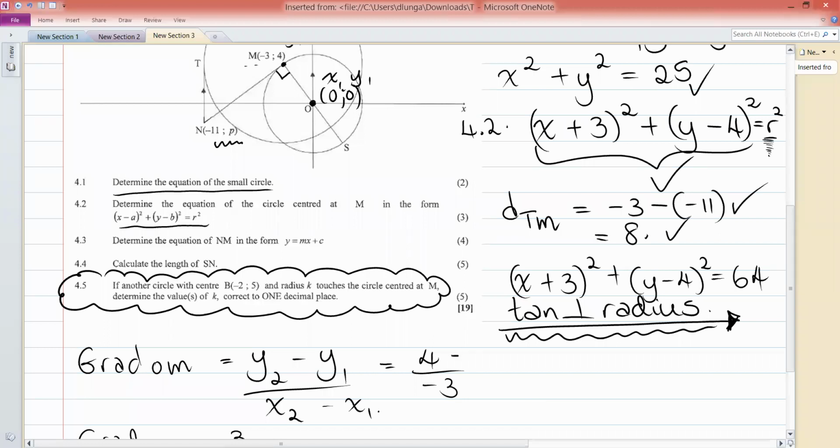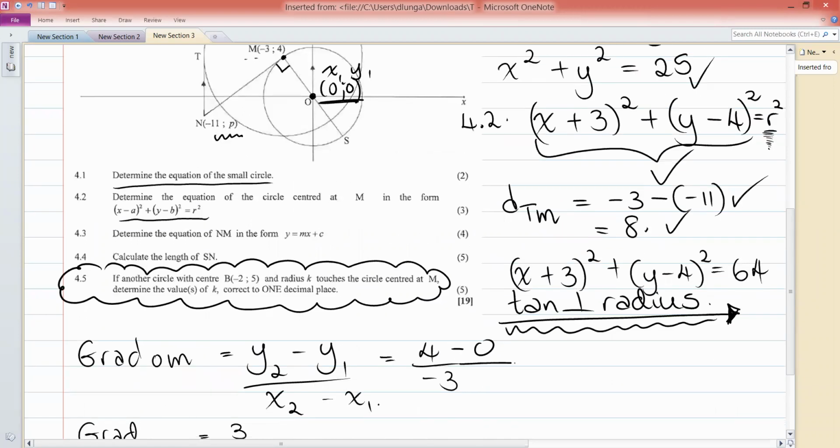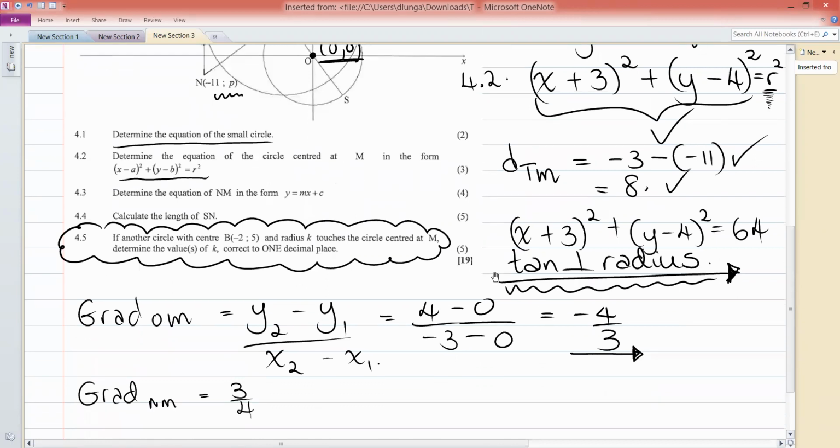I just didn't put the 4 minus 0, because remember, this is the origin. This is exactly what you're saying, right? So 4 minus 0, and then your -3 minus 0. It does give us the -4/3. So that's the gradient from O to M. Then to get the gradient from N to M, it's just the negative reciprocal. That's why we end up with 3/4 there.